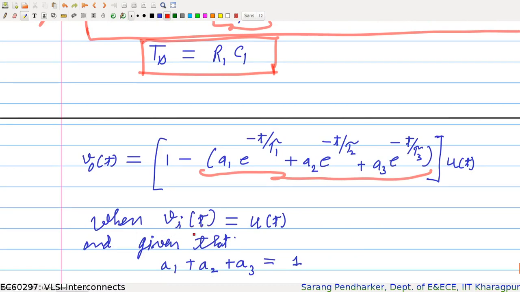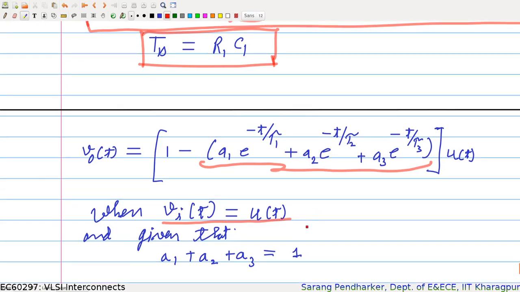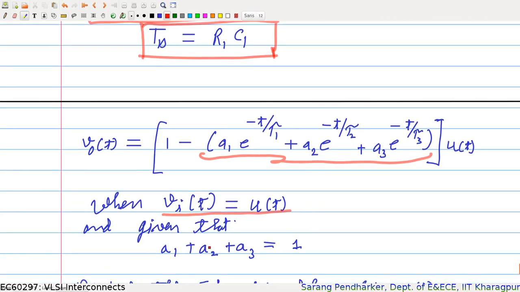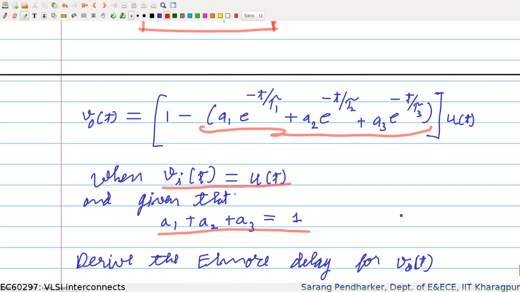So your input Vi of t is U of t, right? And I have given another additional piece of information that A1 plus A2 plus A3 is equal to 1. Right. So with this, can you derive the Elmore delay for your V out of t?